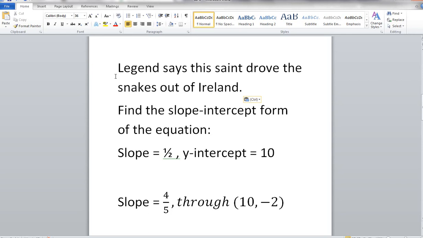So instead of y minus y1, it's going to be y minus the y part of that point. Right, so y minus negative 2 is equal to the slope, which is 4 over 5, and then in parentheses, x minus, and instead of x1, you're going to put the x part of the point. Yep. We'll go over the rest of it in just a second, but that's enough for the bare minimum.